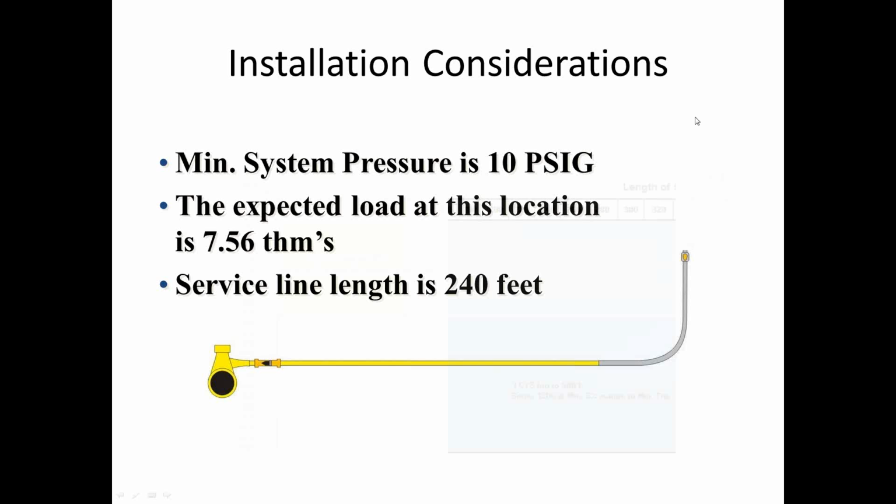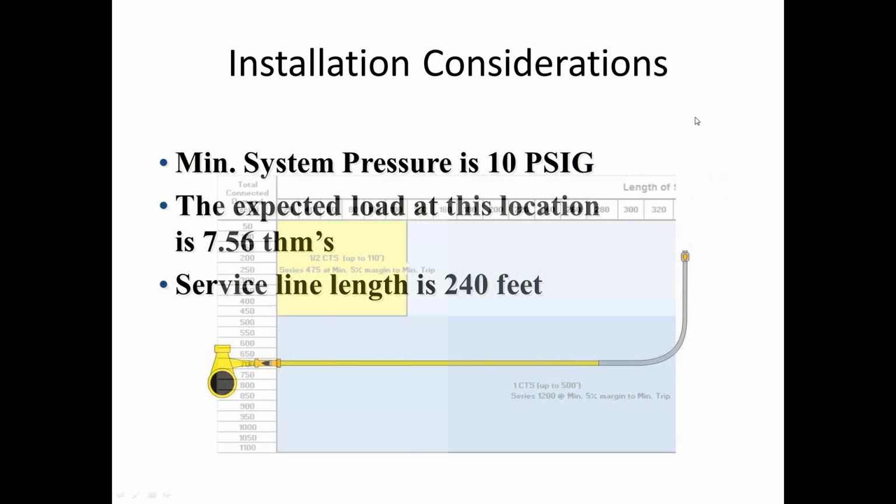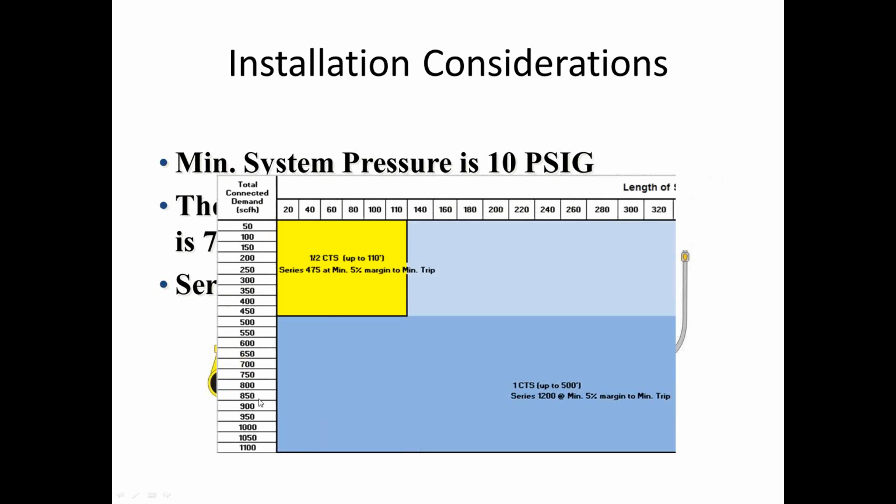So we get out of this chart that we made a little bit earlier, and we'll look down here and we'll say, well, 750 standard cubic feet, and I want to have 240 feet of service line protection here. So I should have a 1 CTS service line, and I can use a Series 1200 to keep me at that 6 psi at the regulator and a 5% margin to minimum trip point and load.